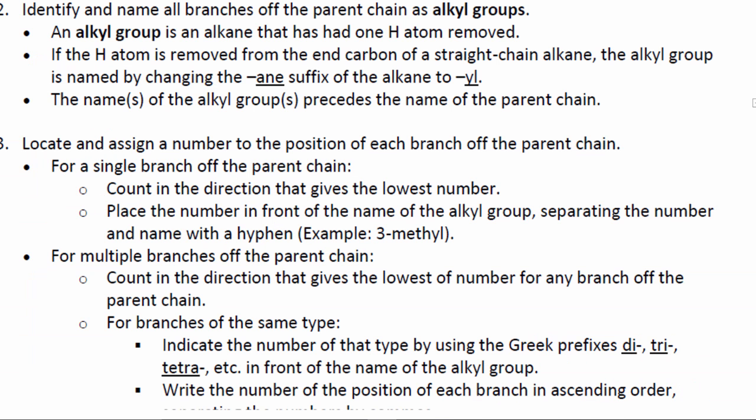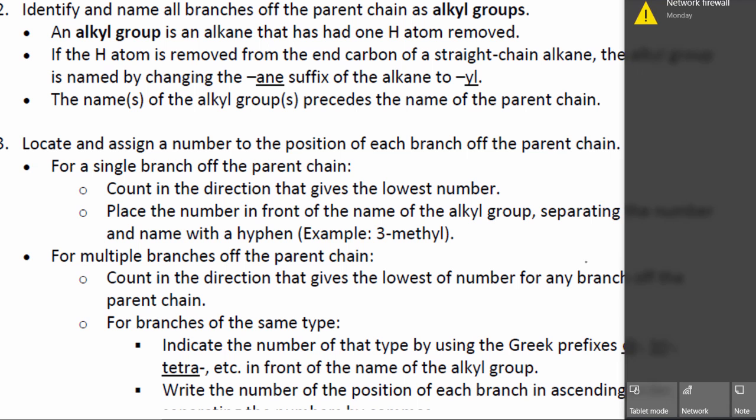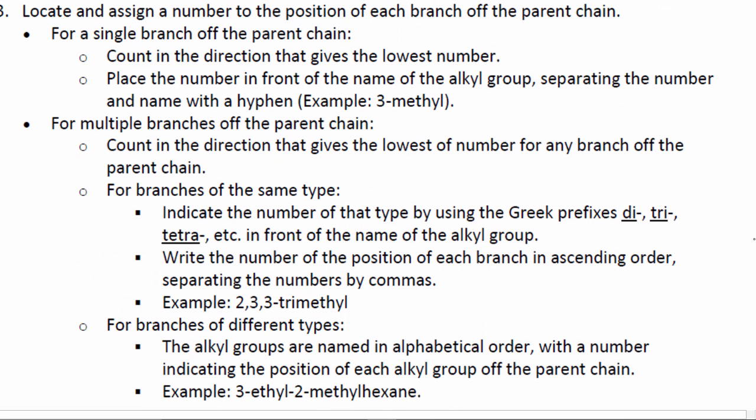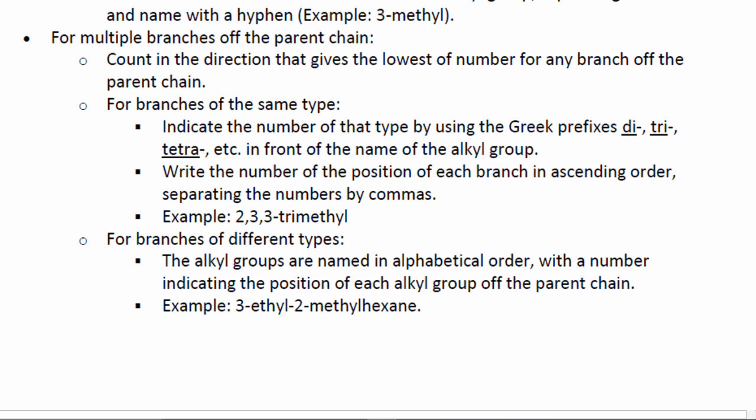So going further with this, if we have these multiple branches, first of all we count in the direction that gives us the lowest number. Now are these branches of the same type or of different types? These are different types. So if we have branches of different types, the alkyl groups are named in alphabetical order, with the number indicating the position of each alkyl group off of the parent chain.